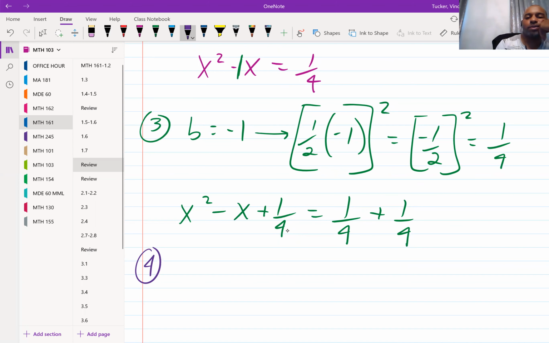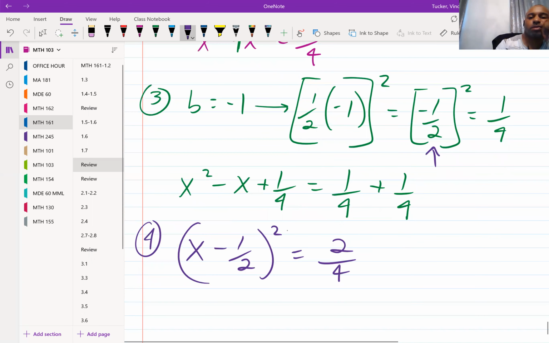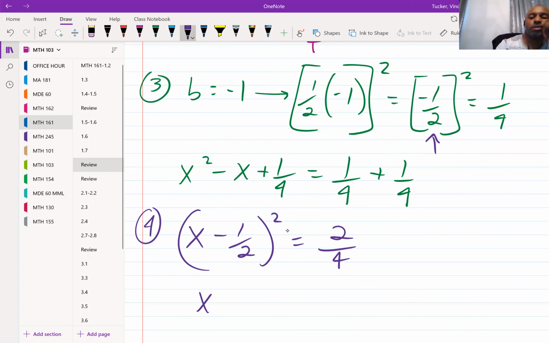All right, fourth step is to factor this. And remember, whatever half your b term was is what goes here. Then add the other side, that's 2/4, which can reduce down to 1/2.